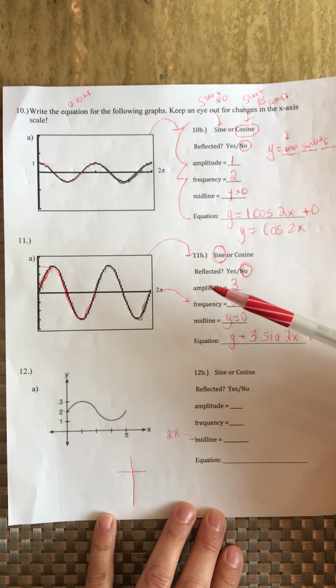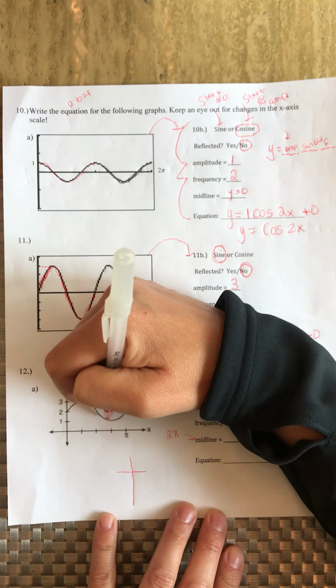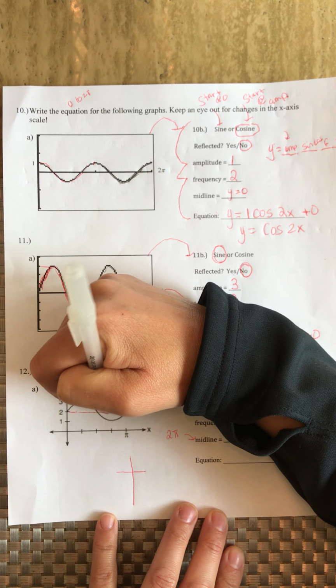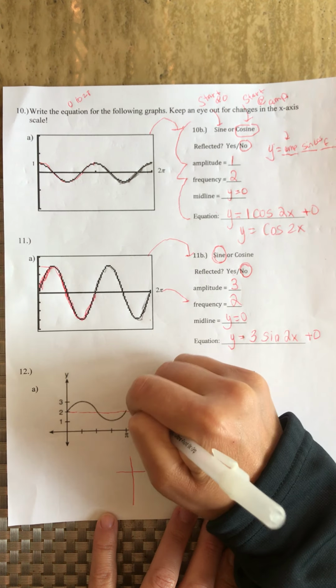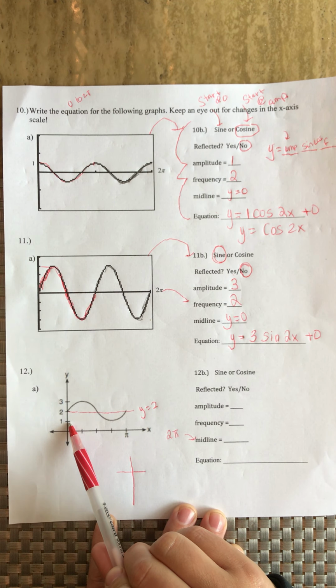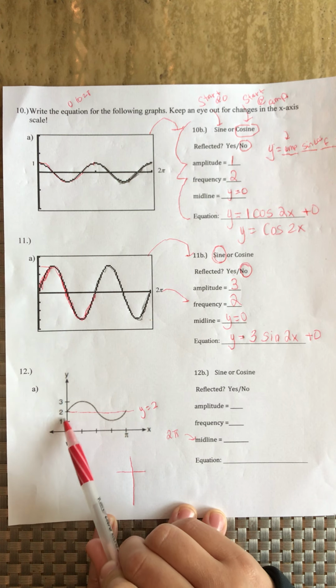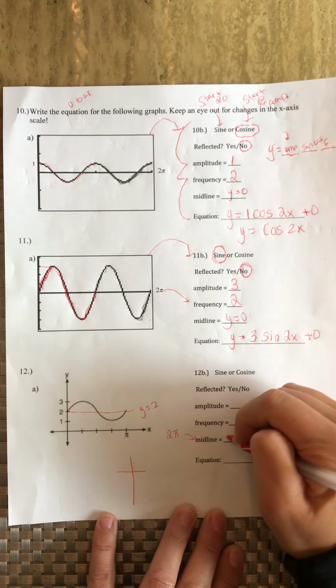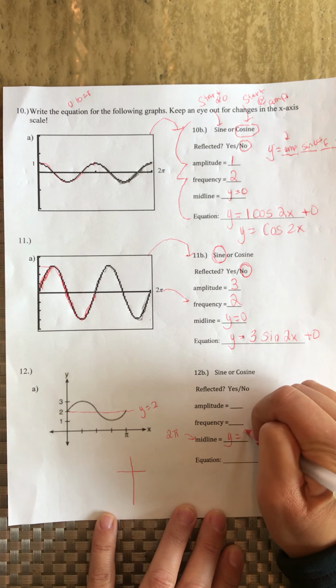Okay? So the midline right here is at y is equal to 2 because our min is 1, our max is 3. The midway between 1 and 3 is 2. So we know that this is y is equal to 2.